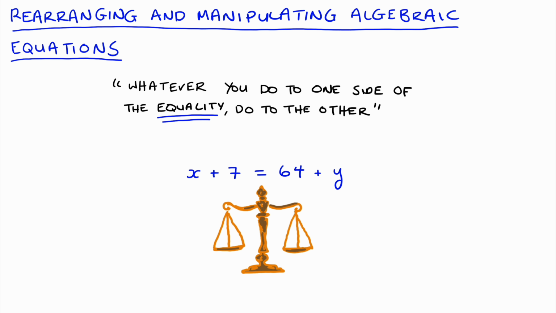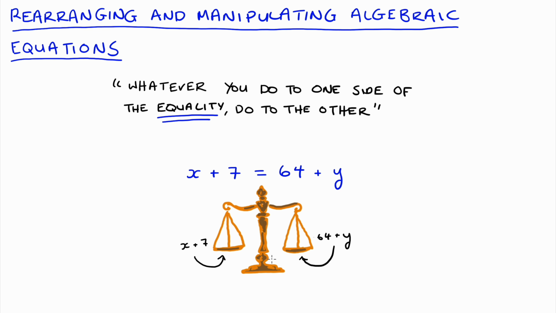For the scales to be level, the weight on the left-hand side must be equal to the weight on the right-hand side. It's the same with our equality. When it holds, the stuff on the left-hand side, x plus 7, has the same value, the same weight, as the stuff on the right-hand side, 64 plus y.